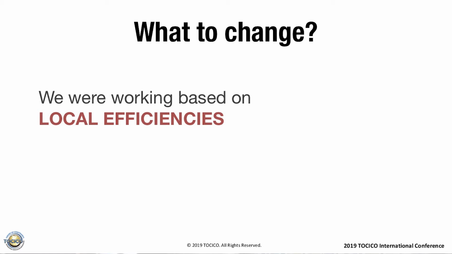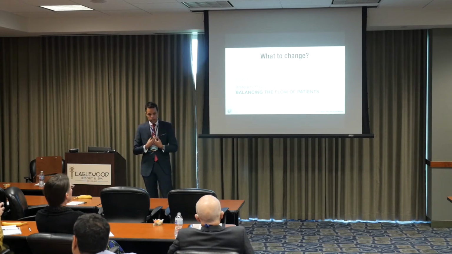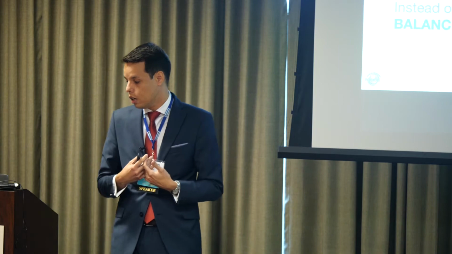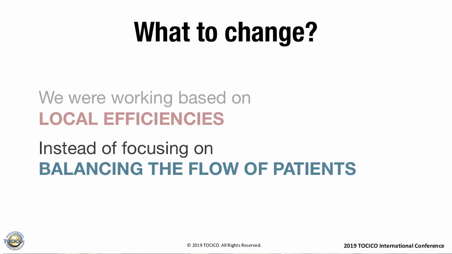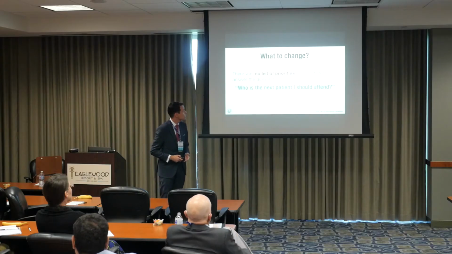There was something missing and I had to wait, but I was supposed to be occupied. We were working based on local efficiency instead of focusing on balancing the flow of the patient. That's the problem we needed to fix.